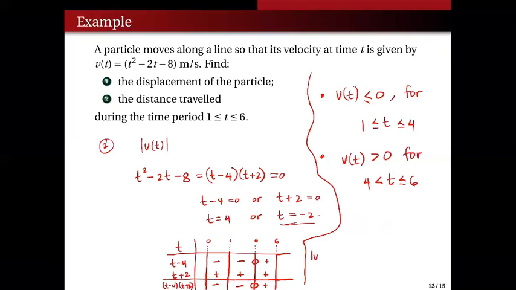The absolute value of v of t is defined: if your t belongs to the interval 1, comma 4, the absolute value will be negative v of t.